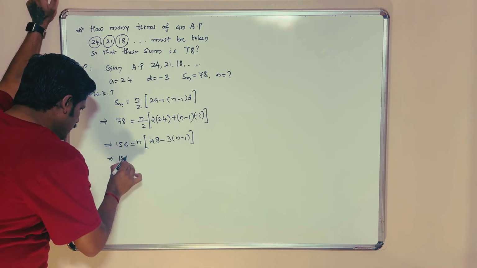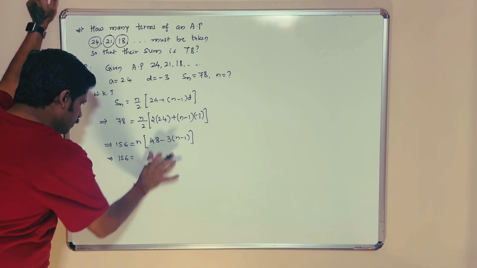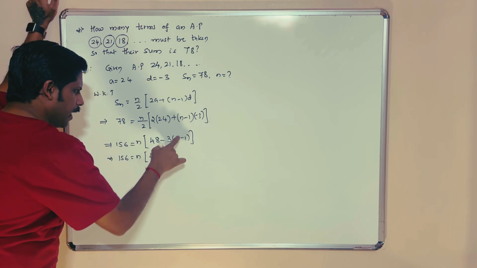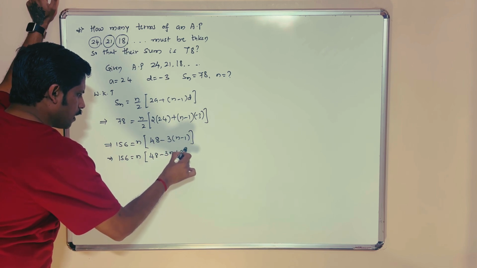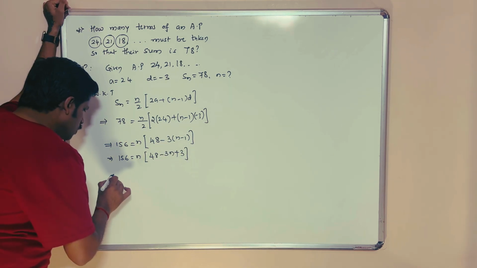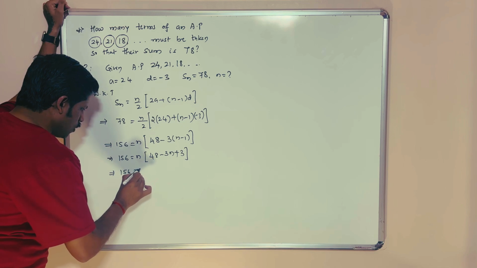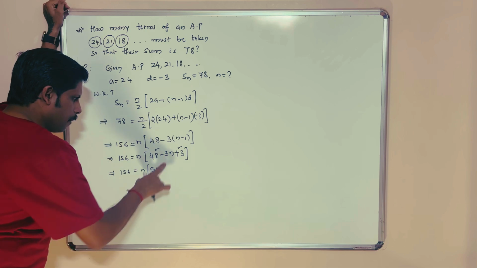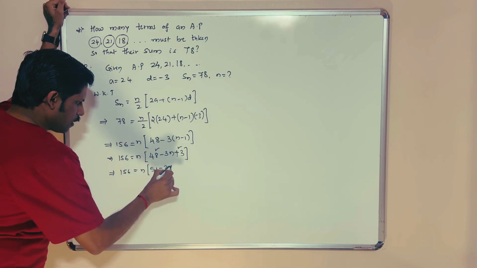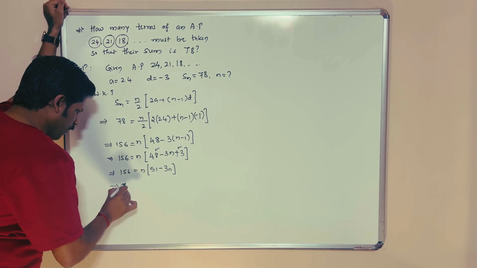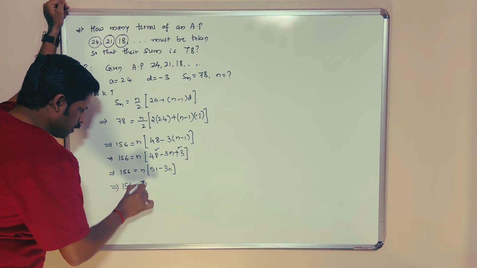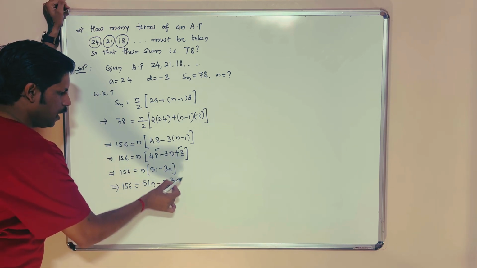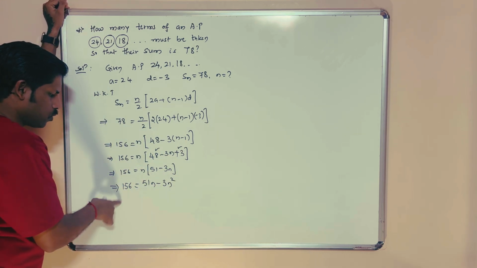So 156 is equal to n into (48 minus 3n plus 3), since minus into minus 1 gives plus 3. Remove the bracket. So 156 is equal to n into (51 minus 3n). Again remove the bracket: 156 is equal to 51n minus 3n square. Now transfer these two terms to the LHS.